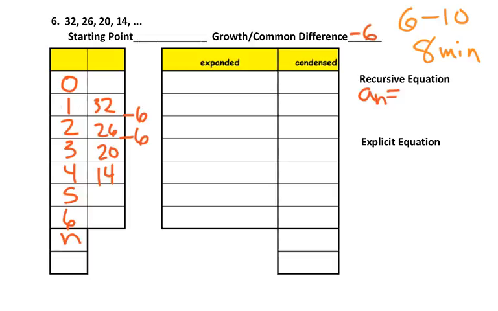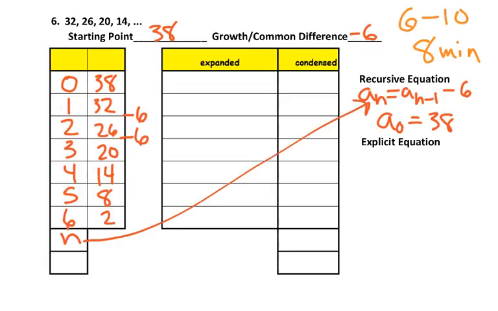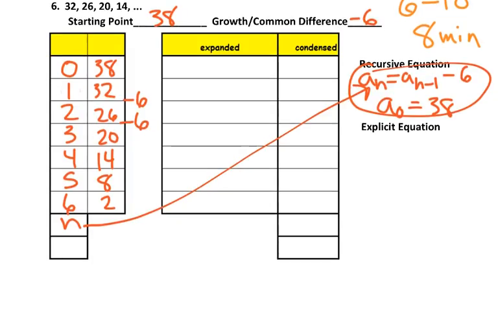So a sub n equals a sub n minus 1 minus 6. Then our starting number, a sub 0, we go backwards, that would be 38. And if we finished our table, we'd have 8 and then 2. And then n, remember, is that whole piece.